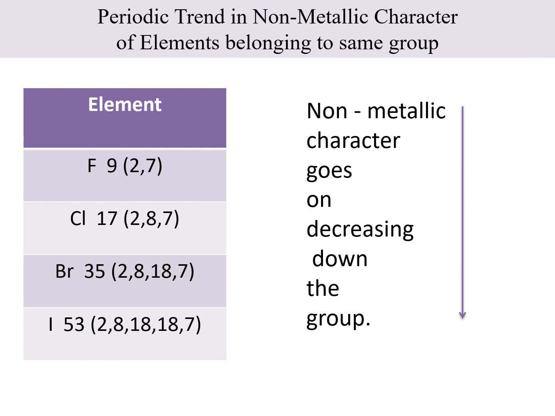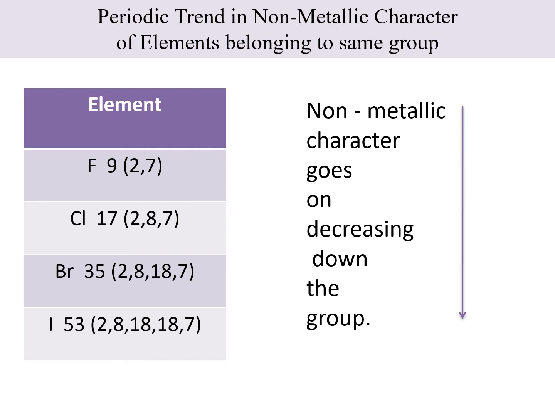In other words, reactivity means to attract an electron from outside and become stable. The property to lose or gain electrons decides the reactivity of an element. So here for iodine it is very difficult because it is already holding a lot of electrons, and to attract an electron from outside and become stable is difficult.